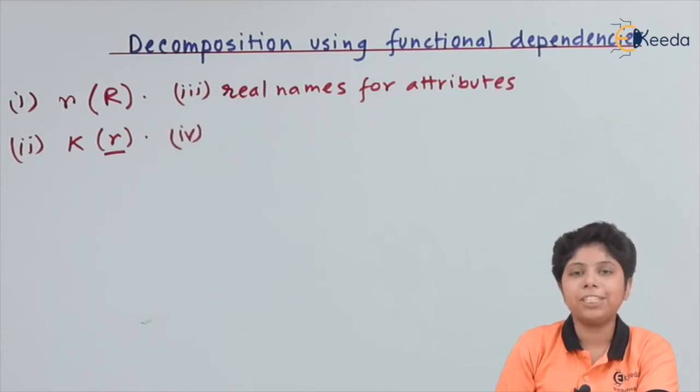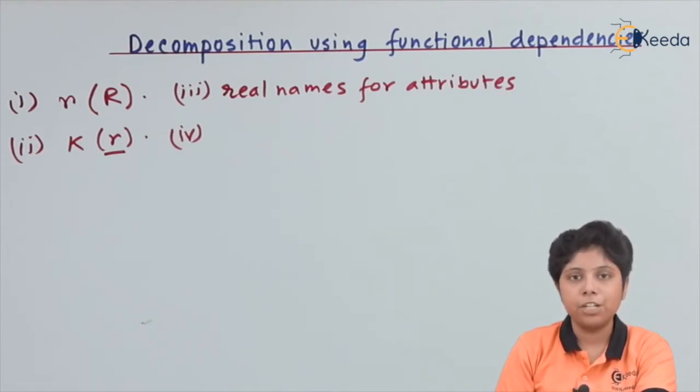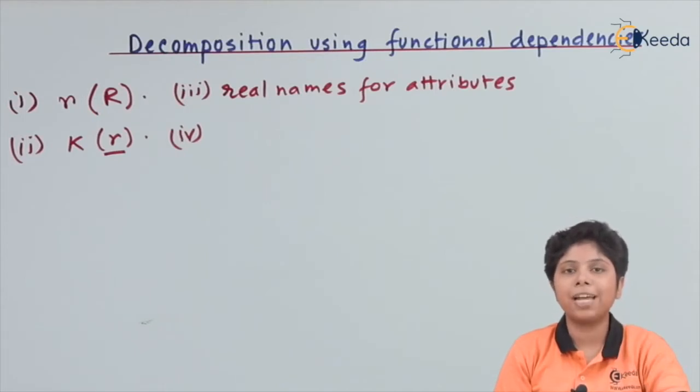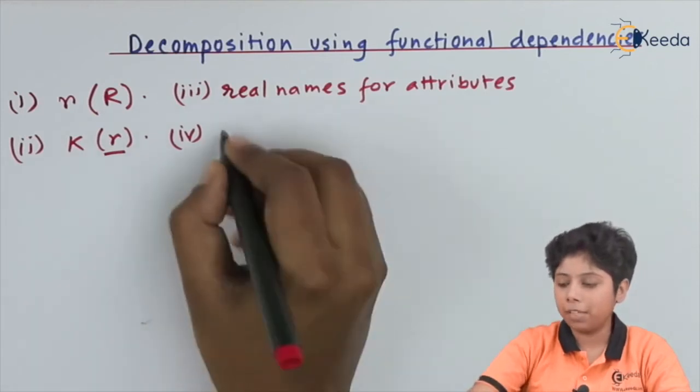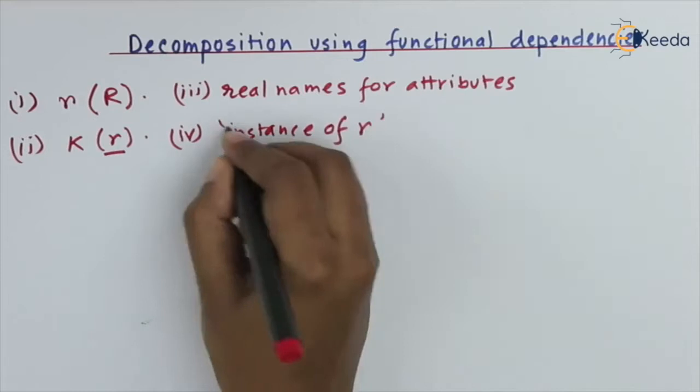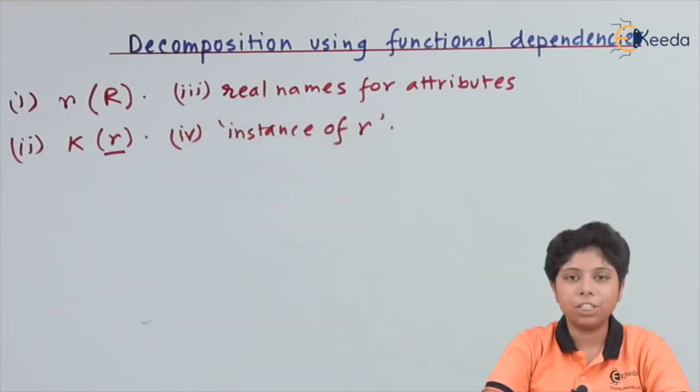Now, as a relation can contain a number of tuples or records, that tuple or a particular record belongs to the instances of r. So we record the tuple as an instance of r. So these are the notations that we will follow in our functional dependency preservation and decomposition.